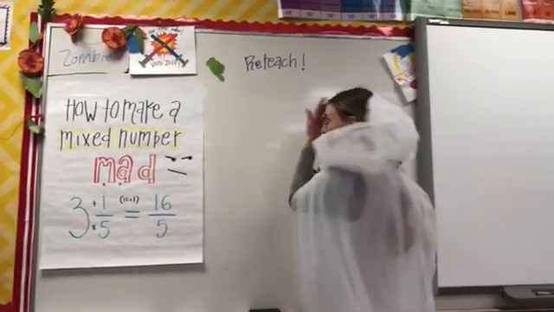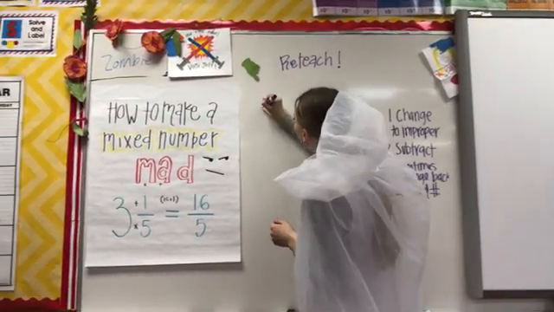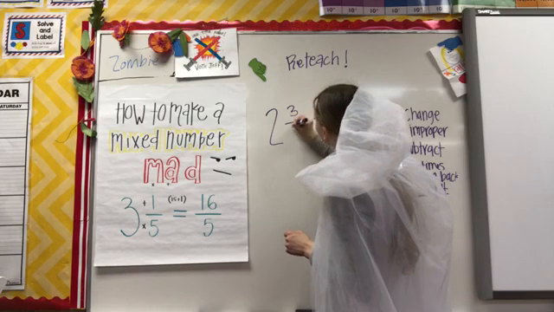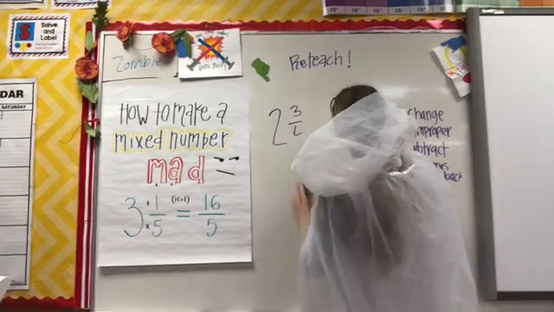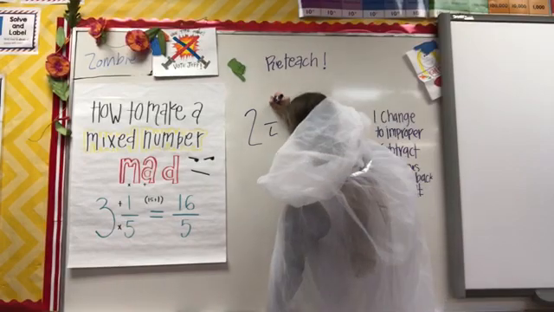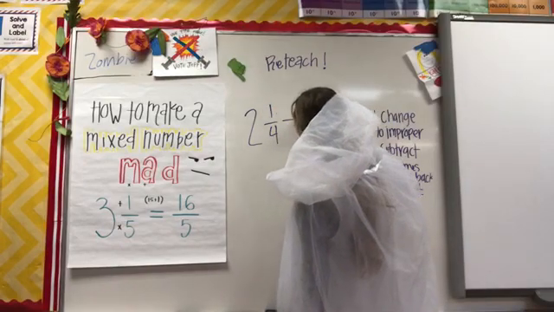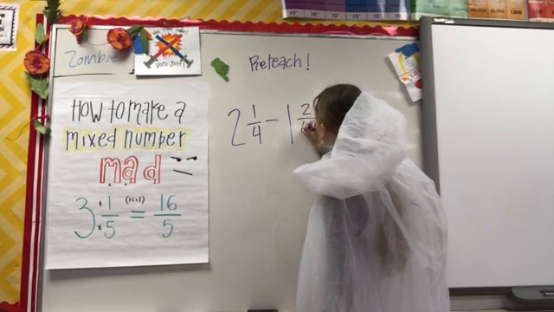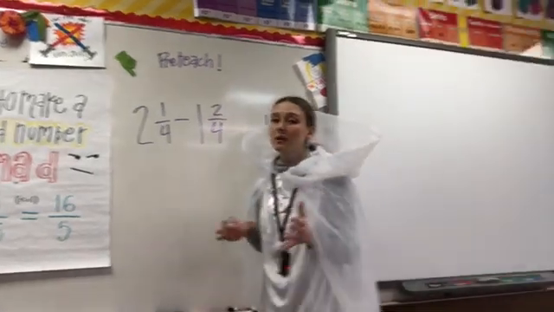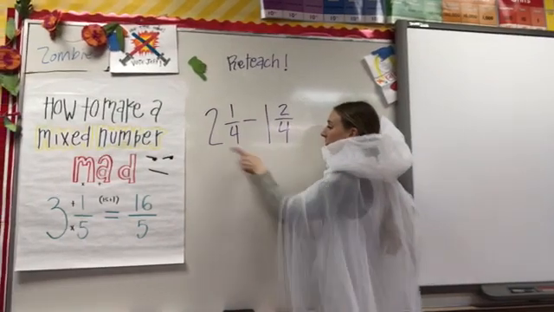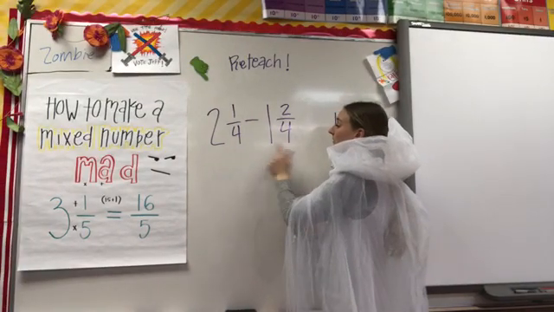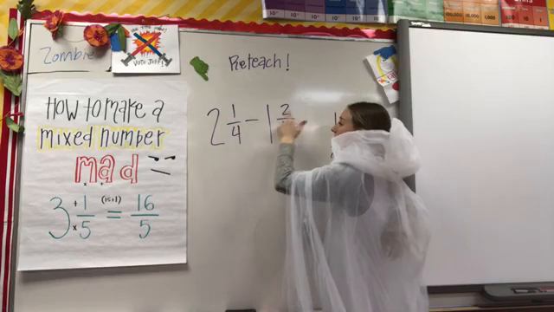All right, now let's try some problems. Let's do 2 1/4 minus 1 2/4. In a normal problem, we would just subtract the whole numbers. 2 minus 1 would be 1, but we can't subtract the fractions because you can't do 1 minus 2.